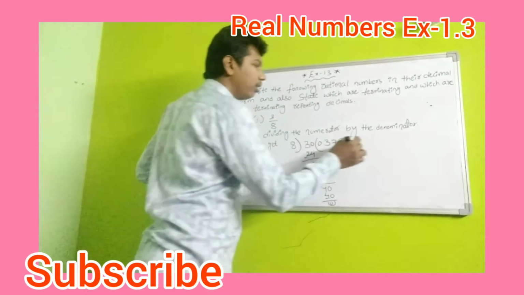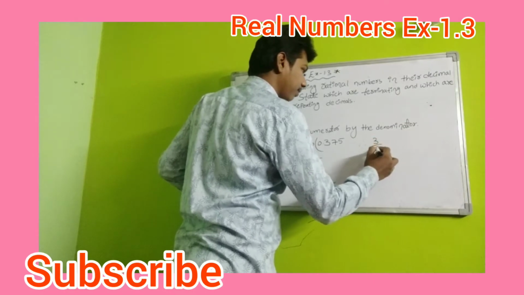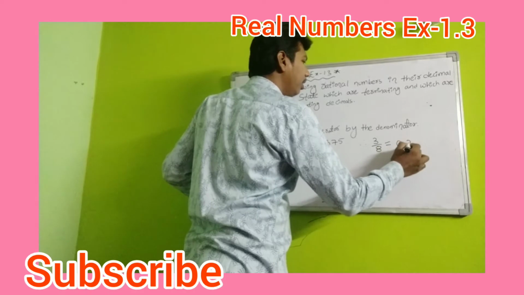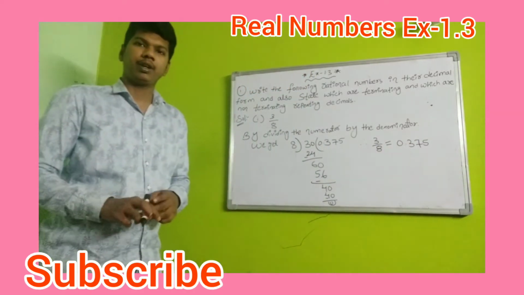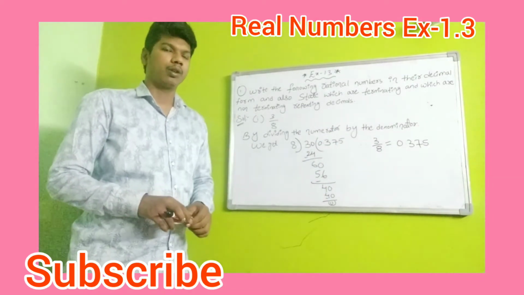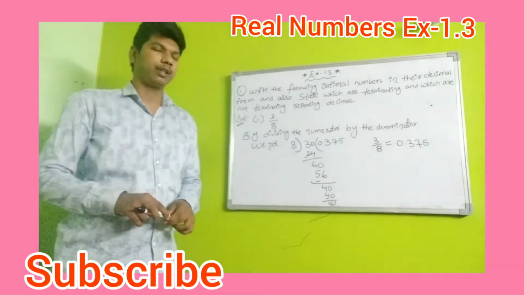Therefore 3 by 8 is equal to 0.375. Now I converted a rational number to decimal form. 3 by 8 we can write as 0.375.